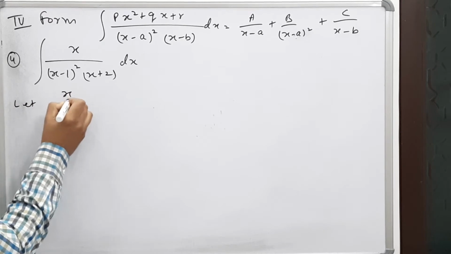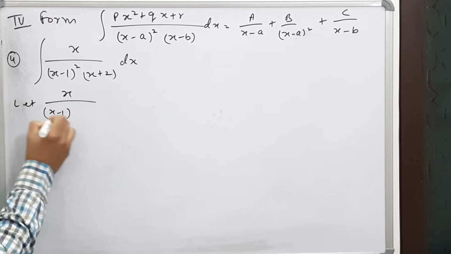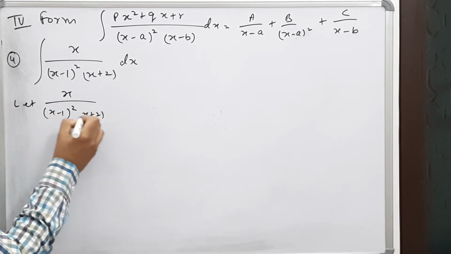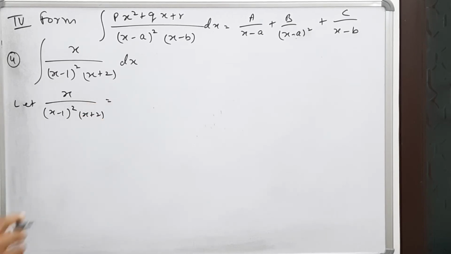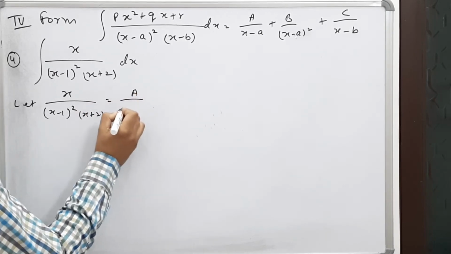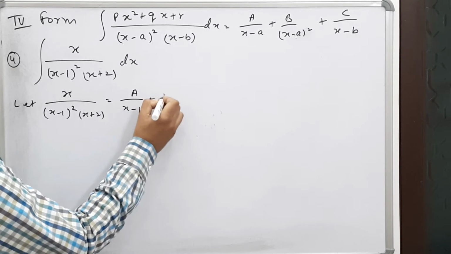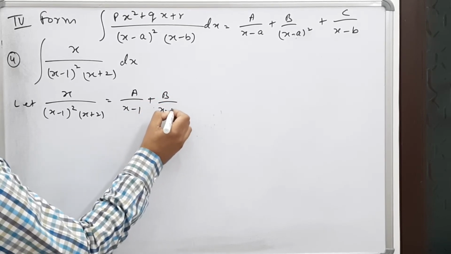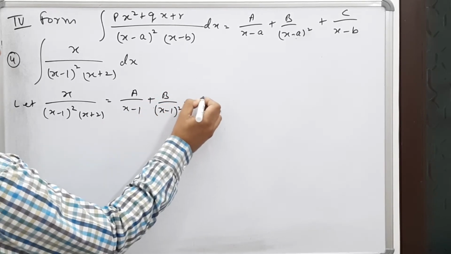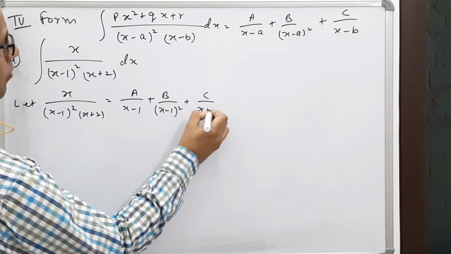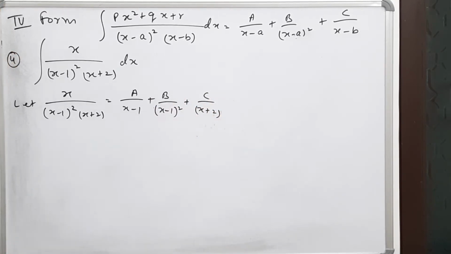Let x upon (x minus 1) whole square (x plus 2). So the first step is a upon (x minus 1). Second step is b upon (x minus 1) whole square. Third step is c upon (x plus 2).